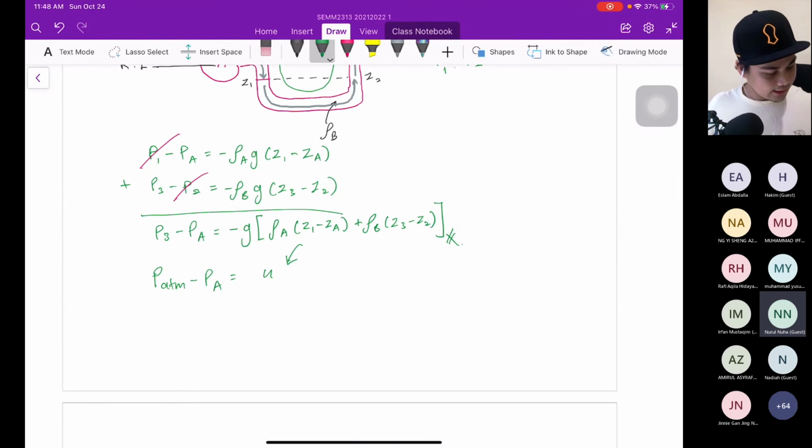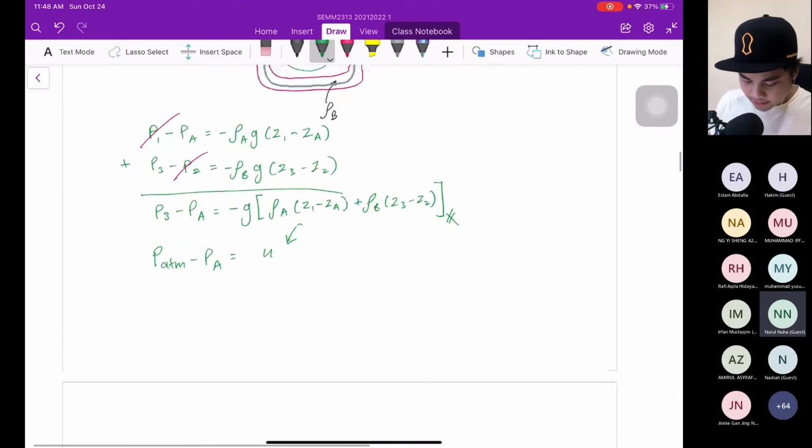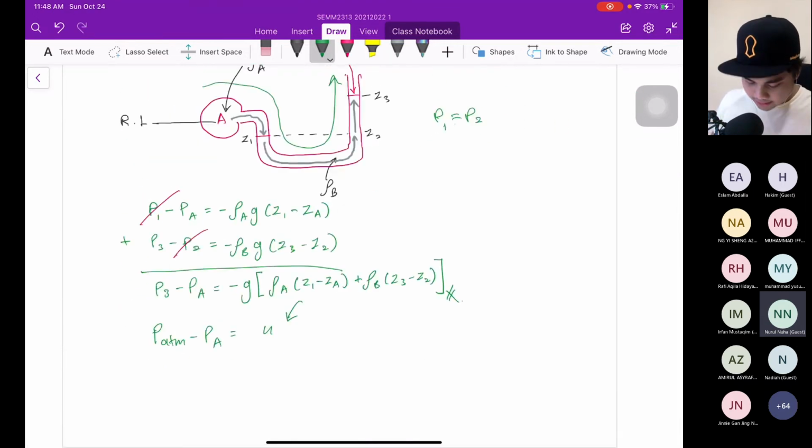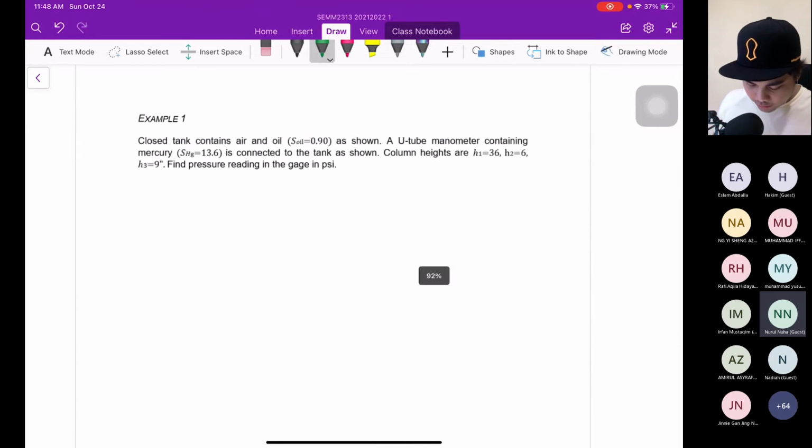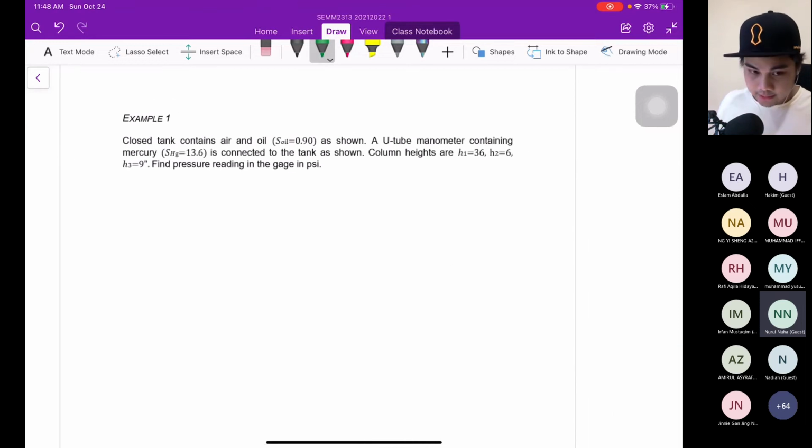Alright, for this part, I want you to focus because this involves the parameters. I want you to look at how to get involved in the calculation. Focus clearly. A closed tank contains air and oil, given the specific gravity 0.9 as shown.